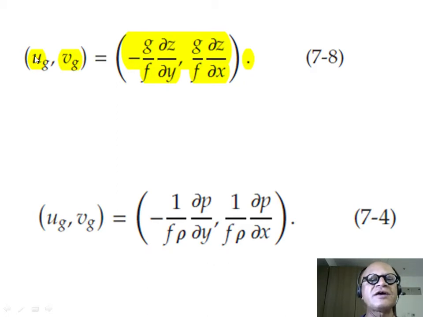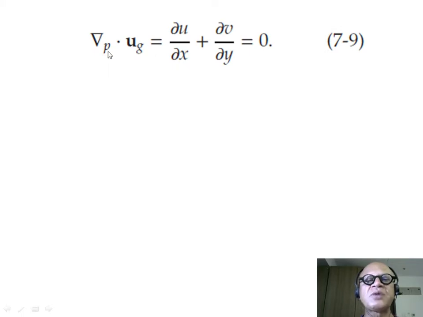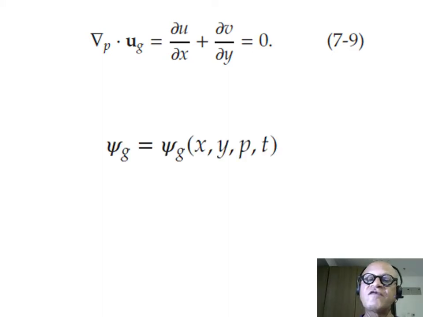Obviously we can take dug/dx and dvg/dy, and we get d²z/dxdy and d²z/dydx with minus and plus signs, which means we are going to end up with grad_p dot ug in pressure coordinate equals du/dx plus dv/dy equals 0. Looks exactly the same as the incompressible fluid.